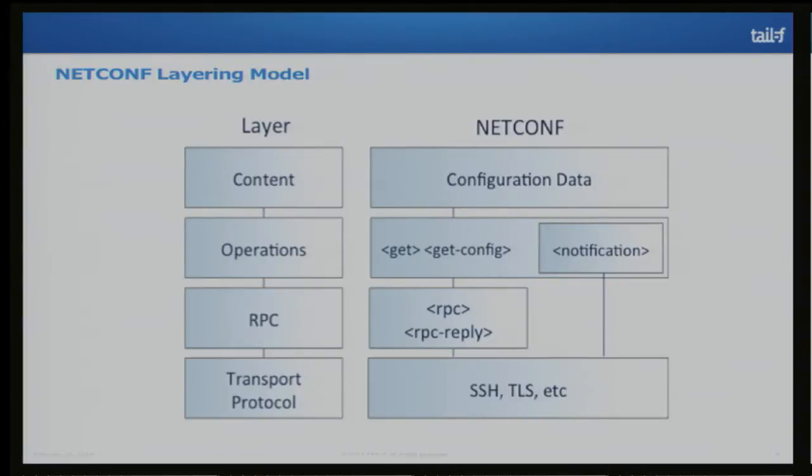You get an RPC layer, which is a mechanism to transport the actual RPCs. And you have a set of fundamental operations, and we'll go into that in more detail. So you have a full protocol stack, including transport mappings, structure for the RPCs, and semantics in terms of operations. Okay, so no need to reinvent things. The fundamental parts are in here.